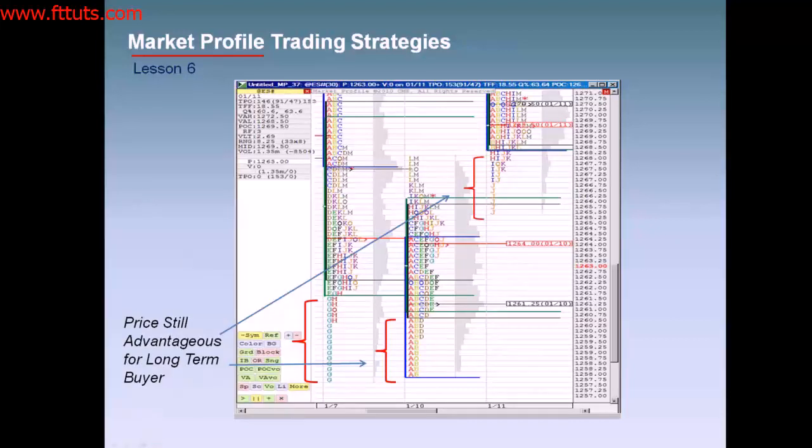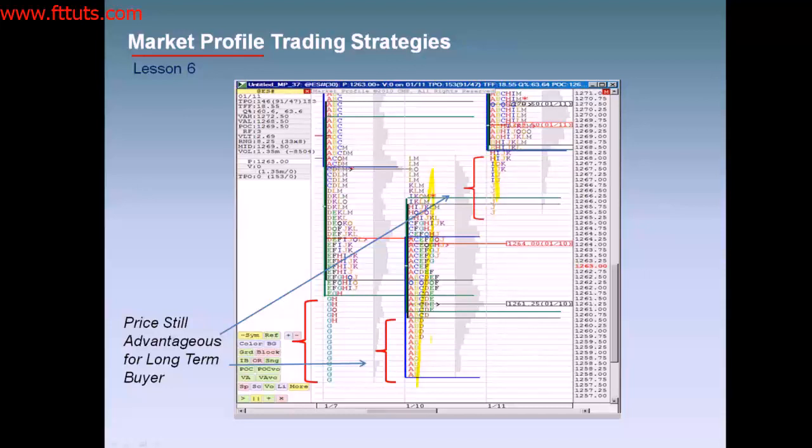All right, let's take a look at the third day. Even though prices have moved up quite a bit, take a look here. As soon as prices drop, and now in this case, when prices are dropping outside the value area, we are really watching a longer term seller in action.